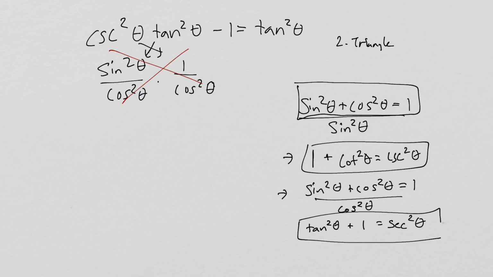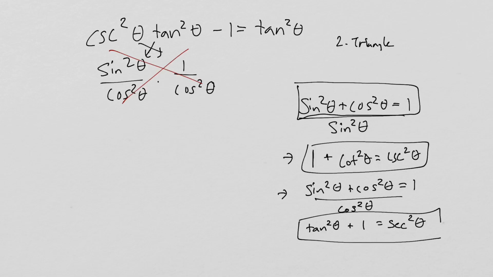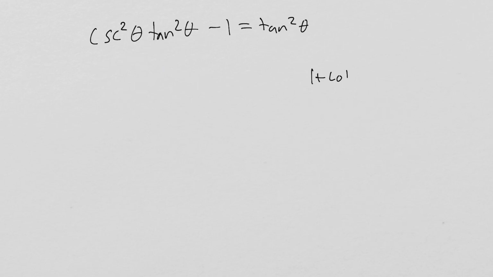We had cosecant squared, not plus, times tangent squared minus 1 equals tangent squared. So on the last page, we found that 1 plus cotangent squared equals cosecant squared.